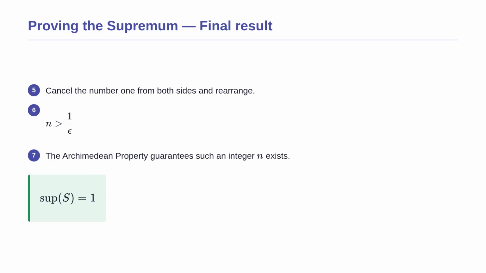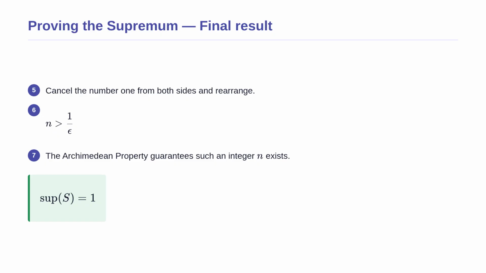Let us solve the inequality we just set up to finish our rigorous derivation. We can easily cancel the number 1 from both sides of the inequality, which simplifies things greatly. Rearranging the remaining terms using basic algebra, we find that the condition holds true as long as we pick an integer n that is strictly greater than 1 divided by epsilon.